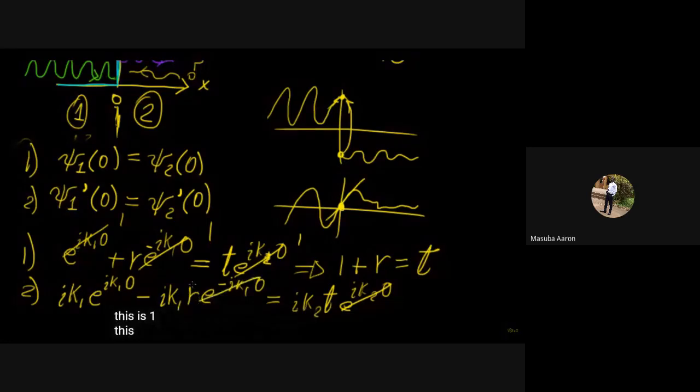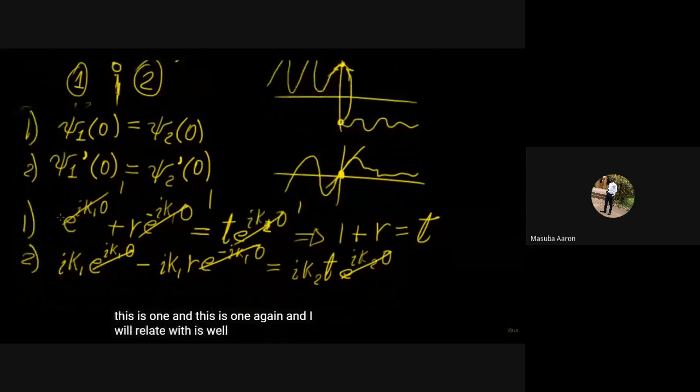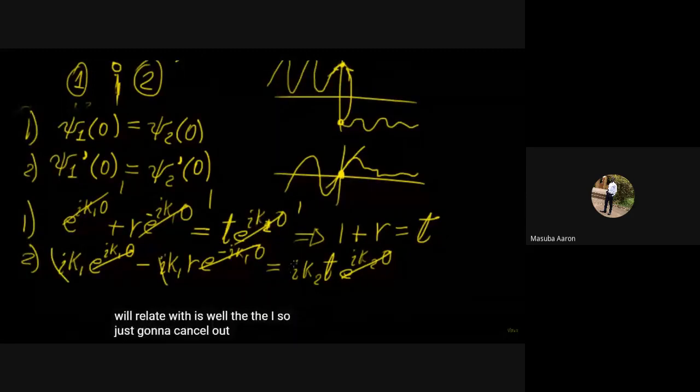So this is 1, this is 1, and this is 1 again. And now what we're left with is, well, the i's are just going to cancel out.